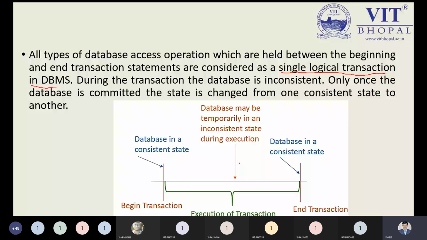But after 2 days you will see that it is not managed by the IRCTC because your transaction failed. So this is the reason we can say that during the transaction, the information in the database will be in an inconsistent manner.